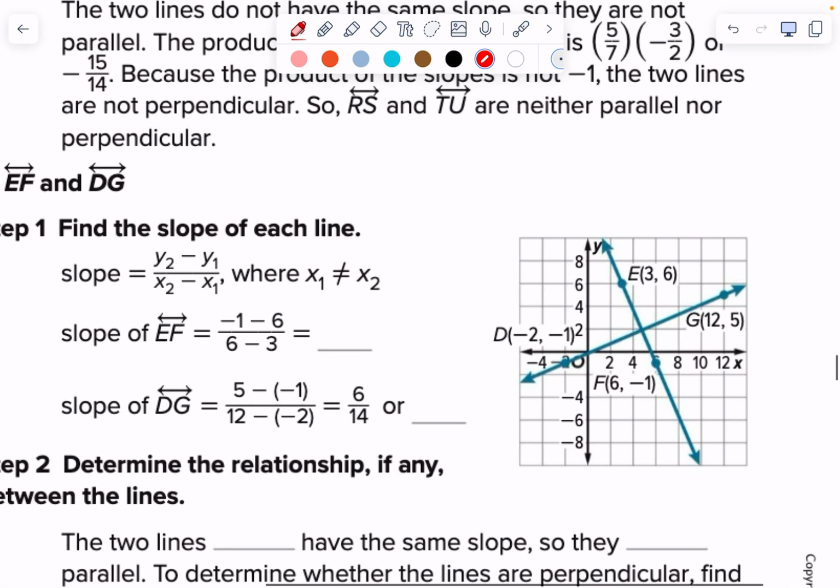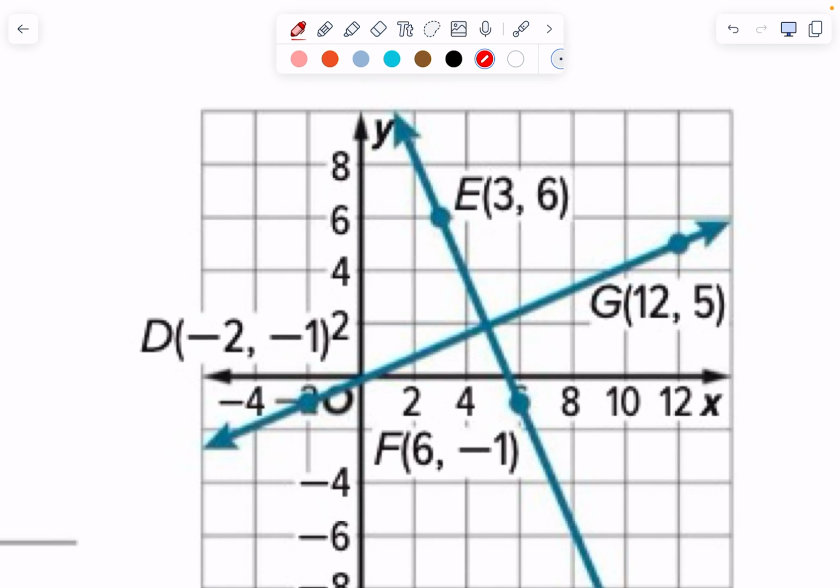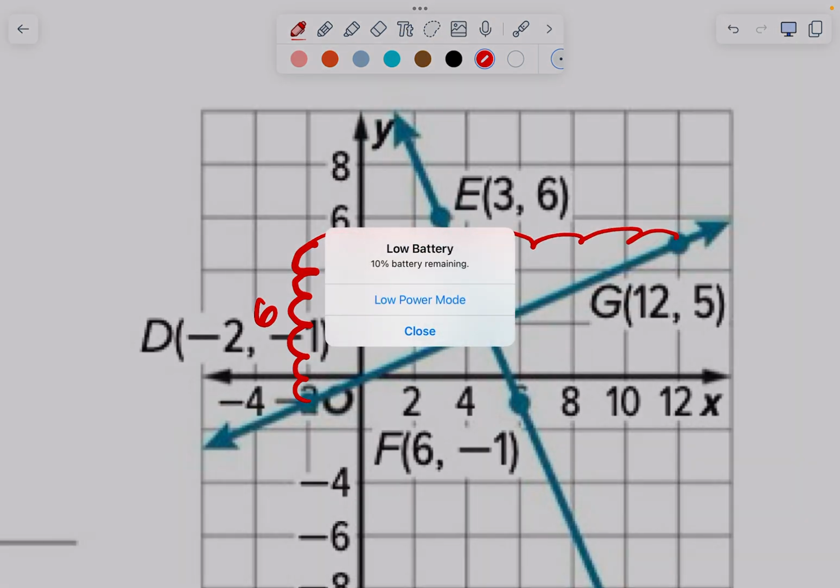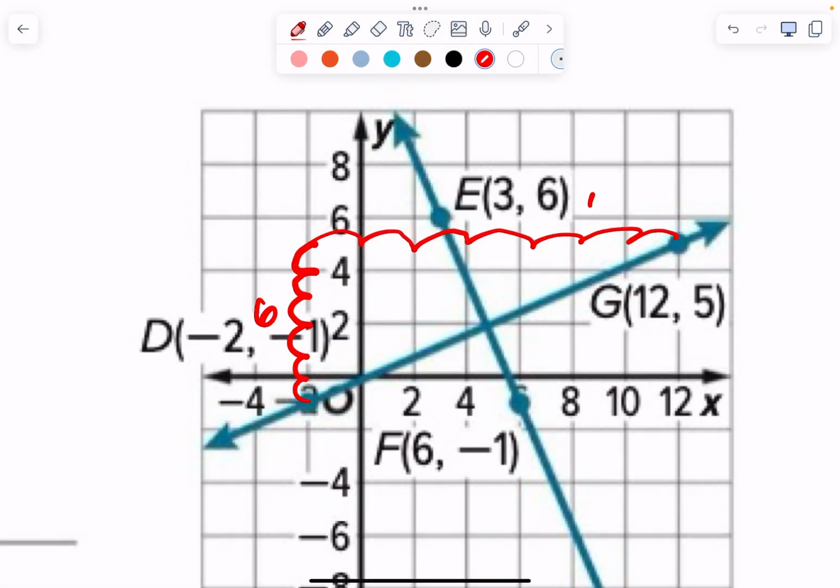Next one. If anything, these are going to be perpendicular, right? Okay. So, let's go DG. 1, 2, 3, 4, 5, 6. Rise. 2, 4, 6, 8, 10, 12, 14. Run. So 6 over 14 or 3/7. Okay.